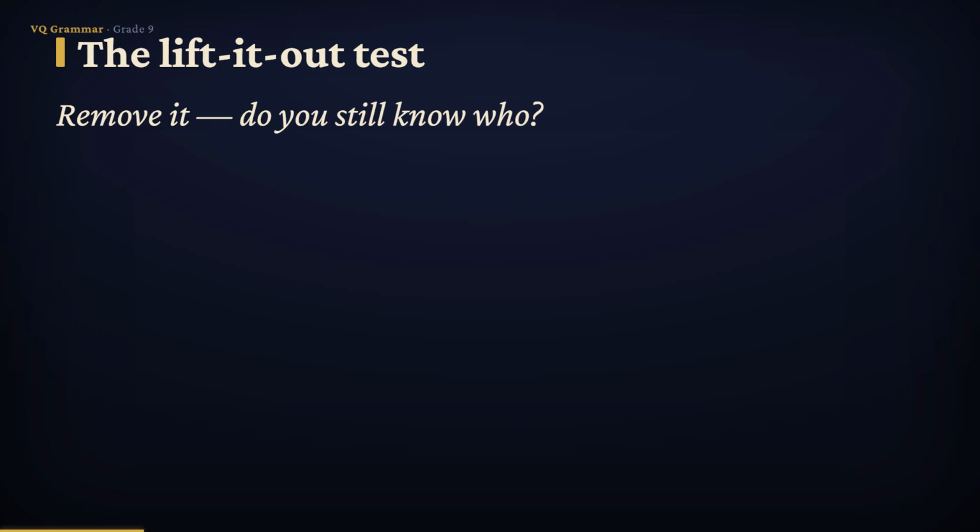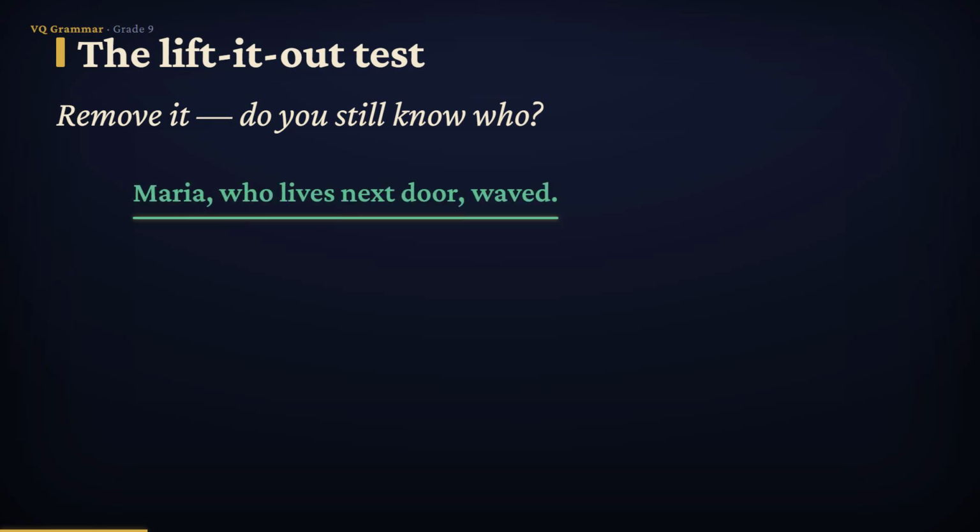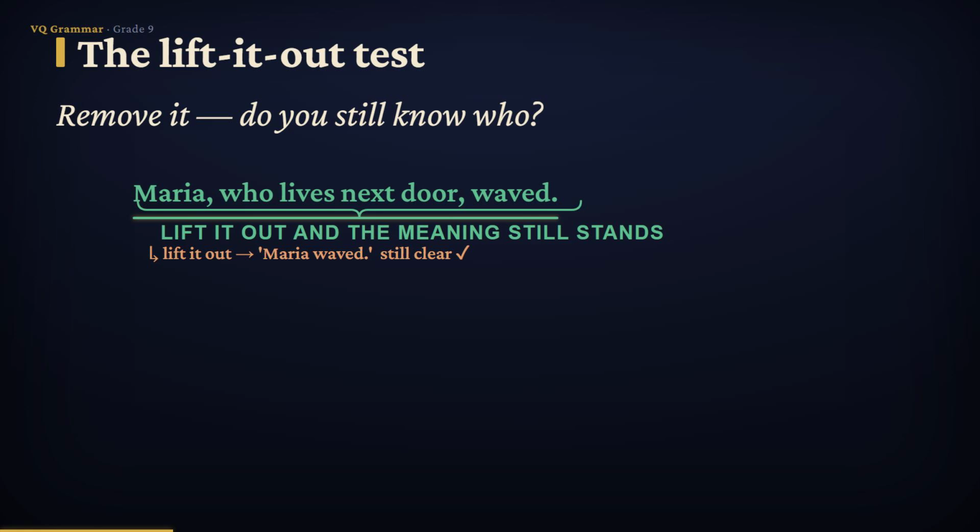Listen to this one. Maria, who lives next door, waved. Now lift out that middle part, and you're left with Maria waved. We still know exactly who waved because there's only one Maria, so that clause was just extra and it gets commas. Now compare this.